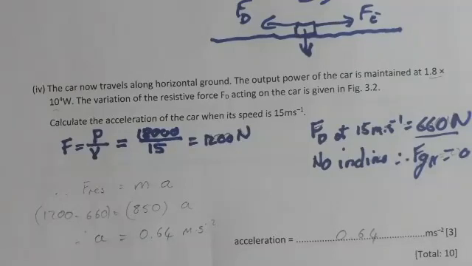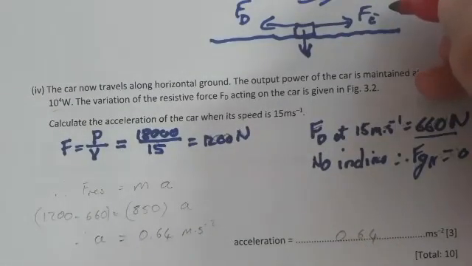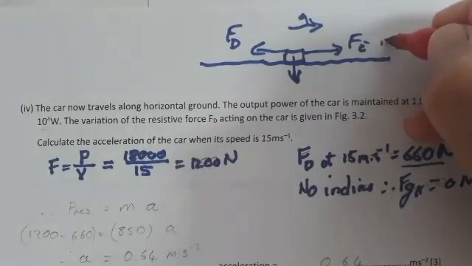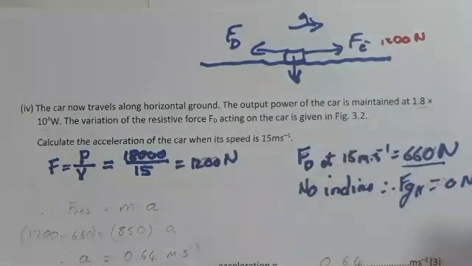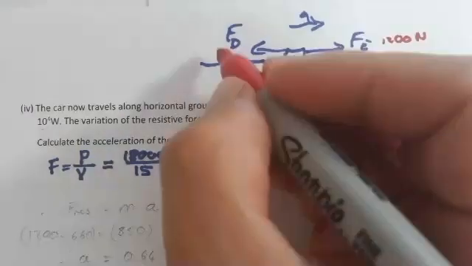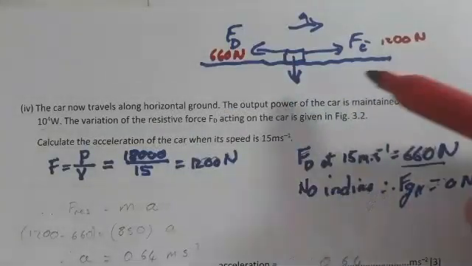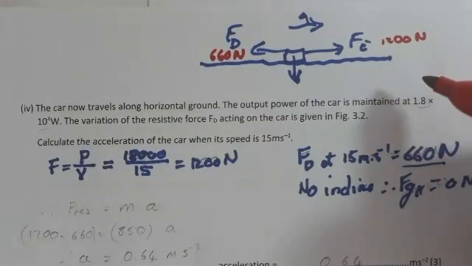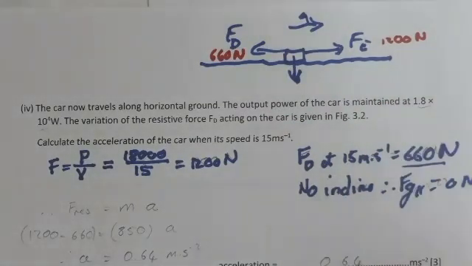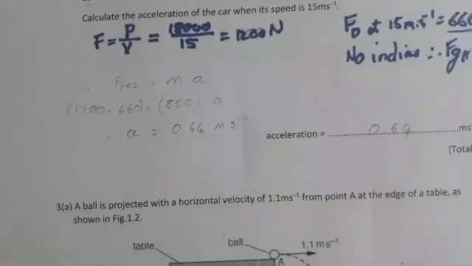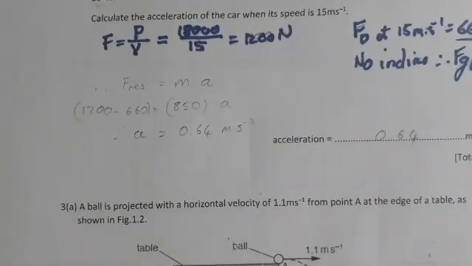So when I write that in, now suddenly my force of my engine is 1,200 Newton, and my drag force is the 660 Newton. So immediately, forces are no longer balanced, there is acceleration. And that's the acceleration that the question asked us to calculate.